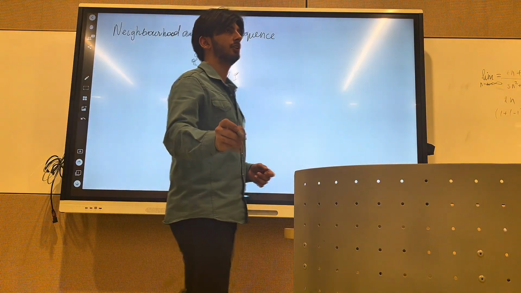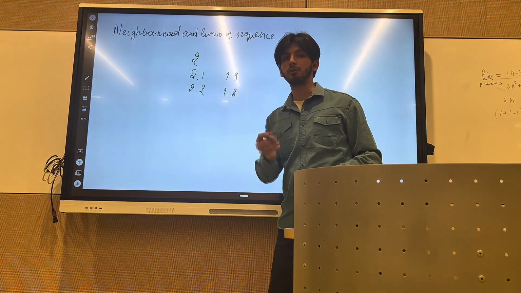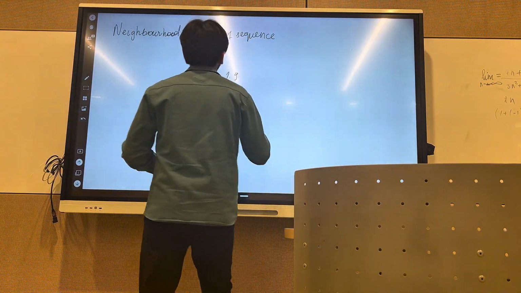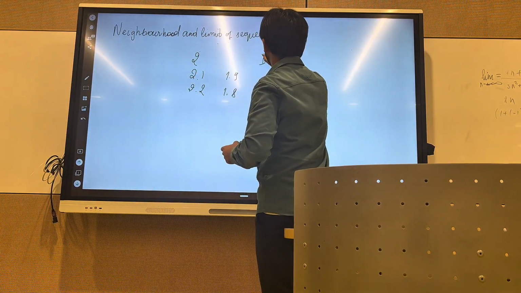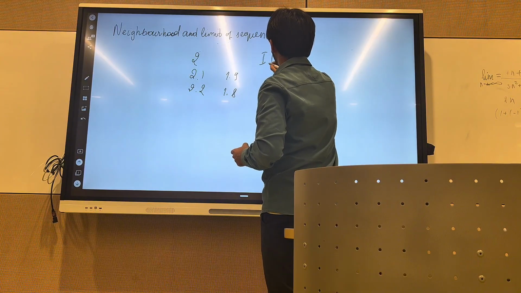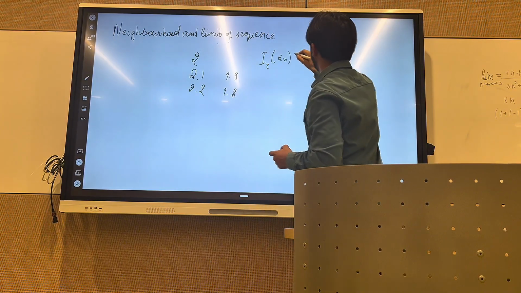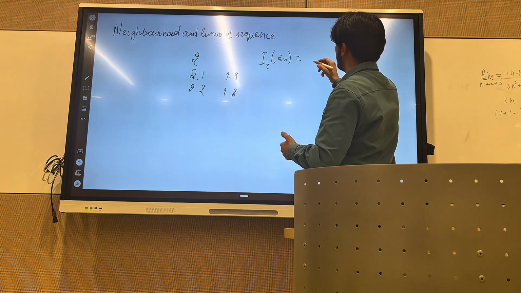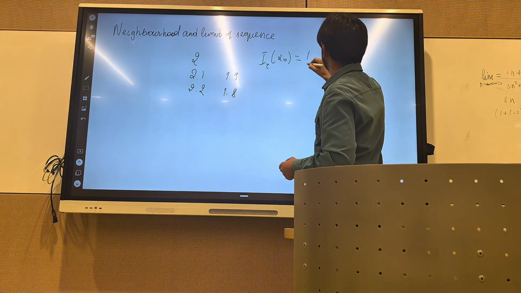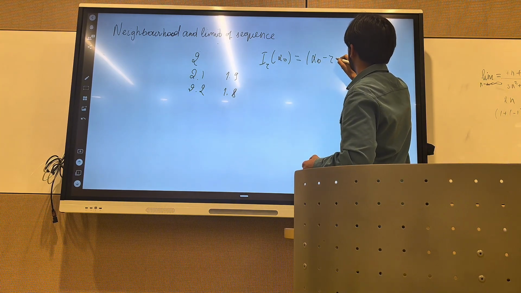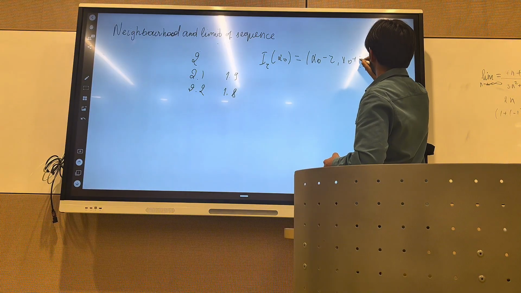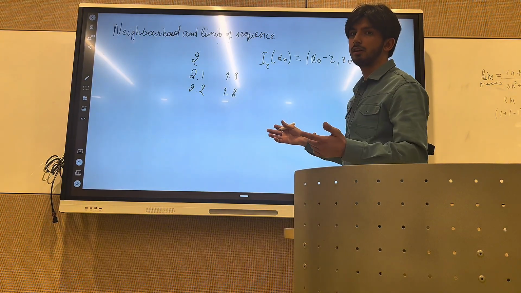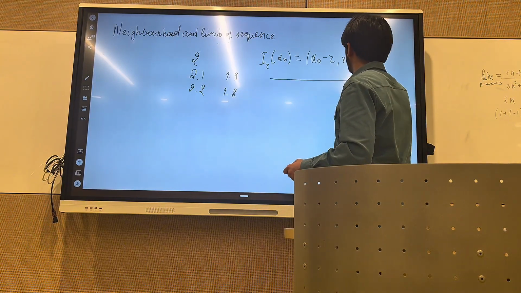Actually, by definition, we say that a neighborhood of x0 with radius r is all numbers whose distance from x0 is less than r. And we write it like this. And on the real line, we can show it like that.